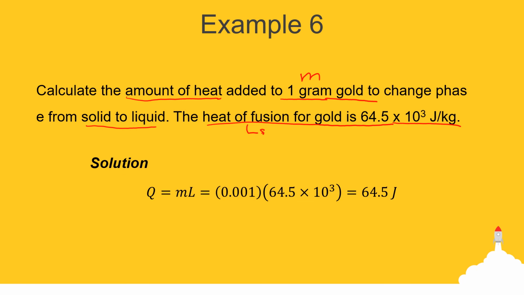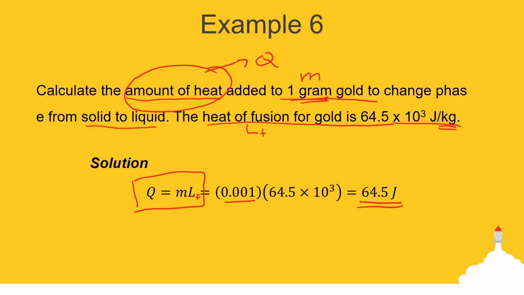So boleh guna this equation. LF, kan? LF. Betul lah. Kat sini awak kena convert sebab ni adalah gram. So unit kat sini adalah kg. So bahagi dengan 1000. So you akan dapat the value in joule. Sebab dia nak amount of heat, iaitu Q.